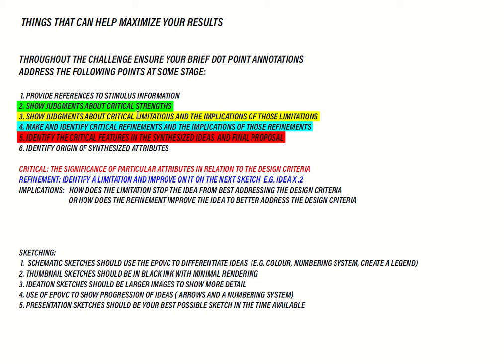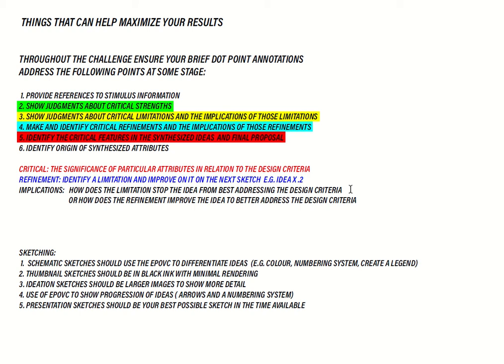Okay, so show judgments about critical limitations. And also, what are the implications of those limitations? So, implications is, well, how does the limitation stop the idea from best addressing the design criteria? Or with the refinement, how does it improve the idea to better address the design criteria? So you've got to make sure that there's some reference to the implications of the limitations and implications of those refinements.